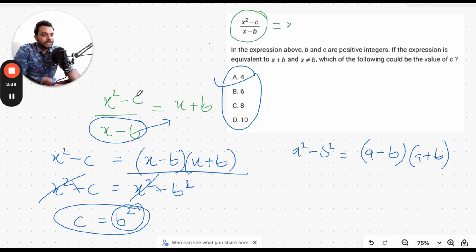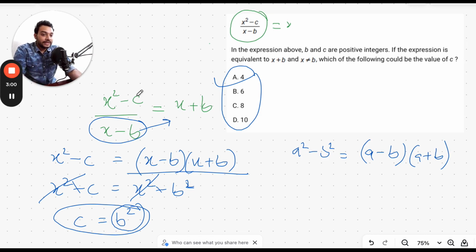Once you're at that level where you have the formulas in your mind, like at the tip, as soon as you look at this, x squared minus c upon x minus b is equal to x plus b, mentally you could cross multiply x minus b times x plus b. It'll immediately click to you that it's x squared minus b squared. c is b squared. The only number that is a square is 4.